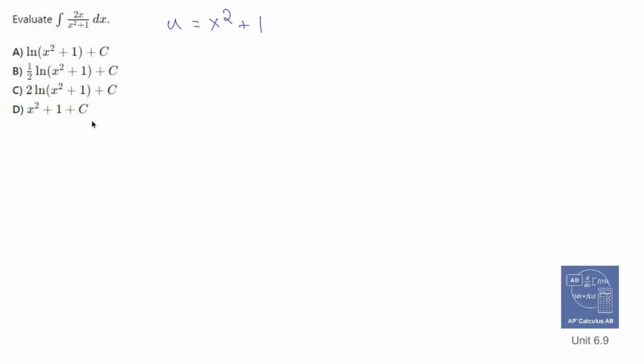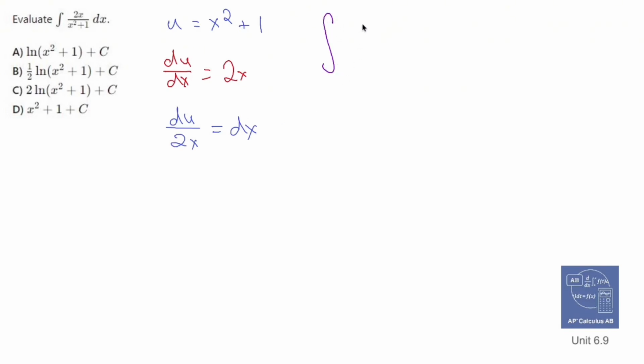Now, take the derivative of that. du dx is going to equal 2x plus nothing. Flip-flop the dx and the 2x, and you get du over 2x equals dx. Now I can take what I have right here, what I said right here, and what I found out here and put it all together.